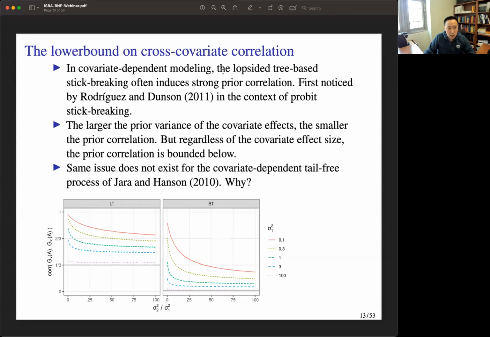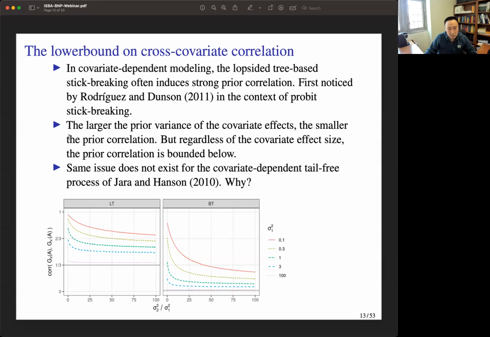They noted that if you do stick-breaking and introduce a covariate effect under the Polya stick-breaking setting, then if you look at the prior correlation of the random measures generated across different covariate levels, regardless of how you specify your prior on the covariate effects, they tend to have some pretty strong prior correlation.